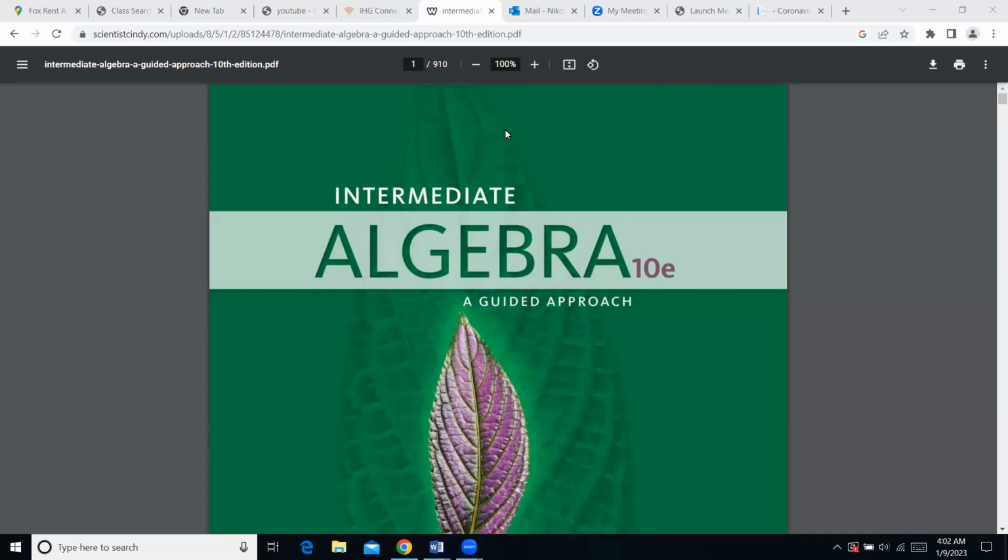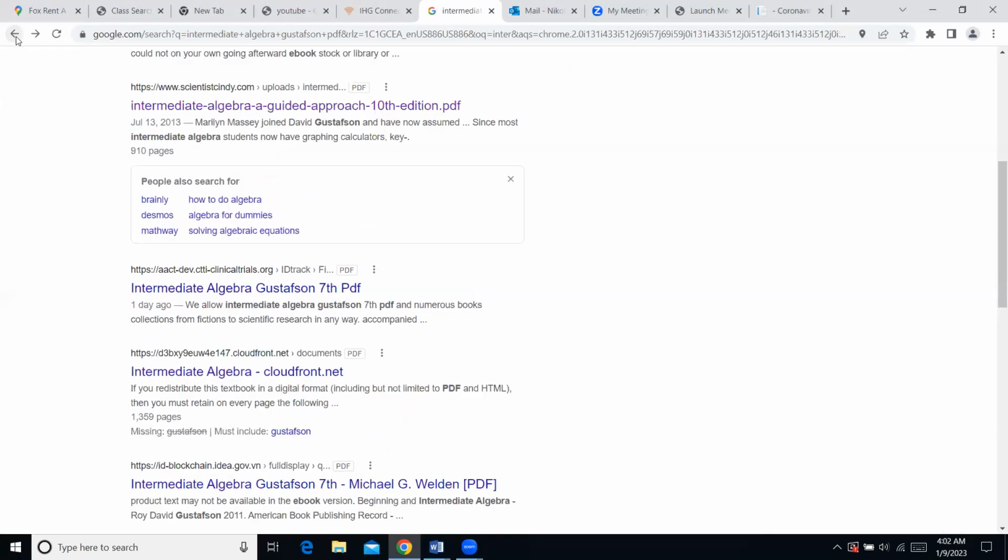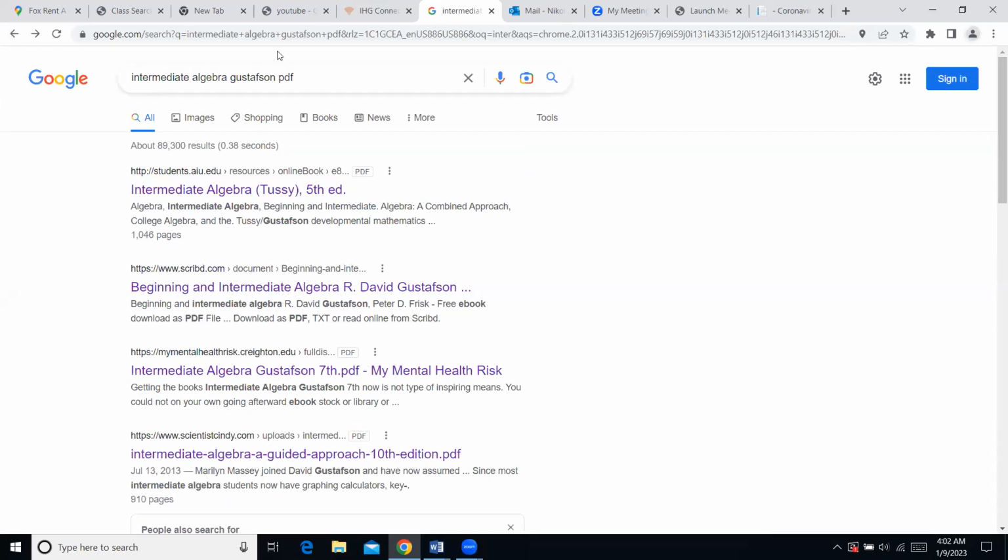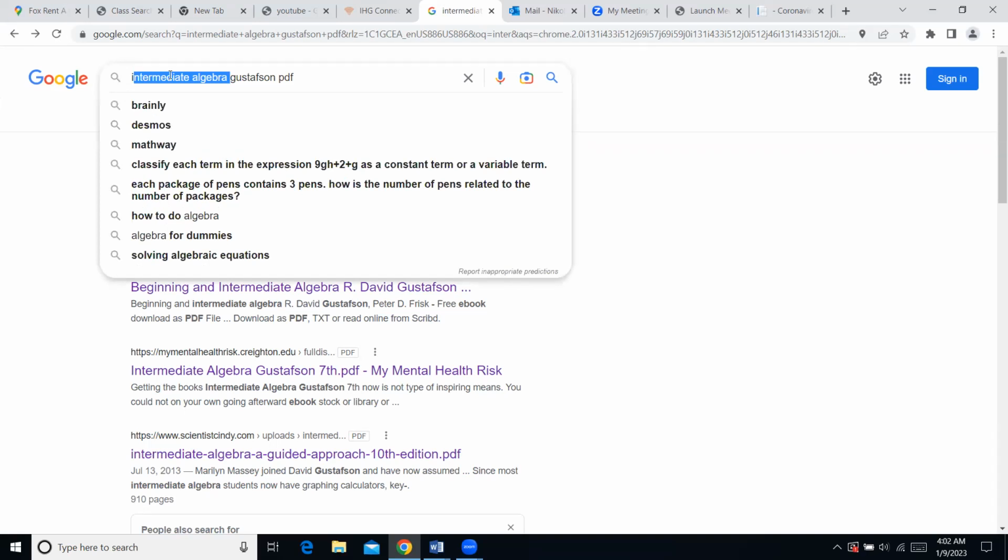So we're going to start with our nice textbook that was found absolutely for free. And I want to first of all show you how I found it again. I just Googled the textbook, which is called Intermediate Algebra, by author's name Gustafson, and then I added PDF to the end.